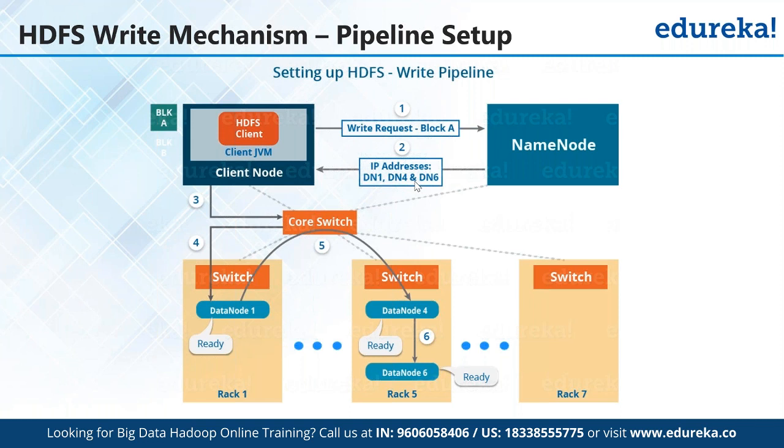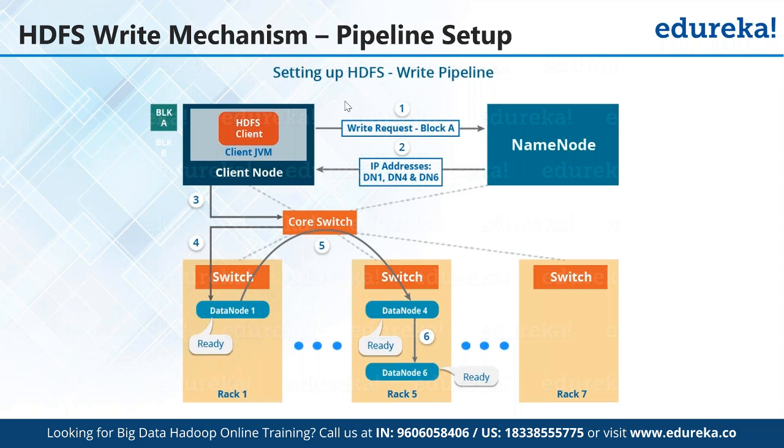One more thing you should understand is that replication is also done. Each and every block will be replicated thrice. Once you have written a particular block on a data node, it will get replicated internally. This data node will replicate it to another data node, that data node will replicate it to another data node, and so on. How does the switching of nodes happen? By the core switch.